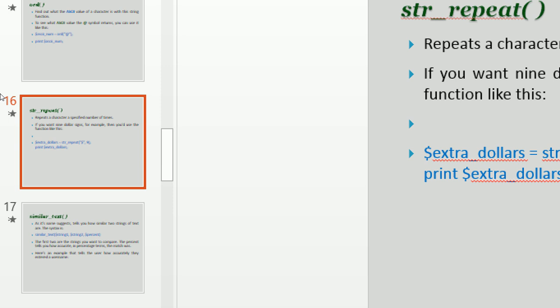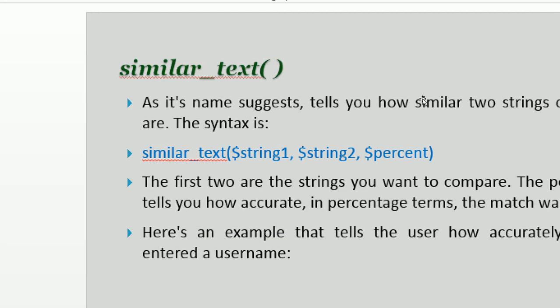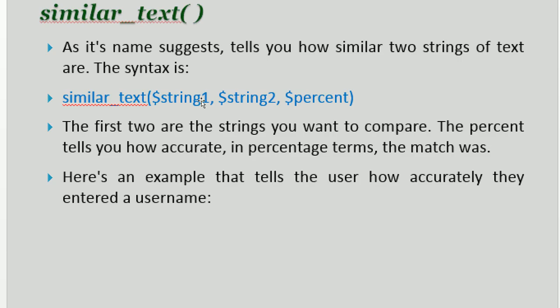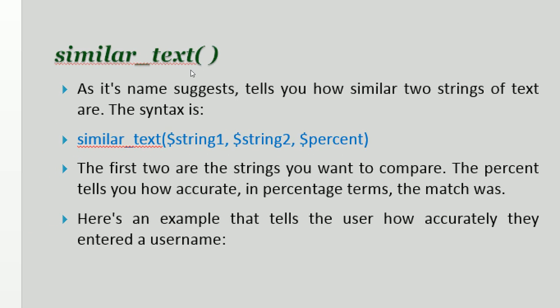Now let's come to the next function, which is the similar text function. As its name suggests, what this function is going to do is compare the first two strings.